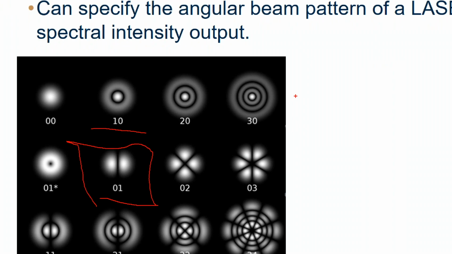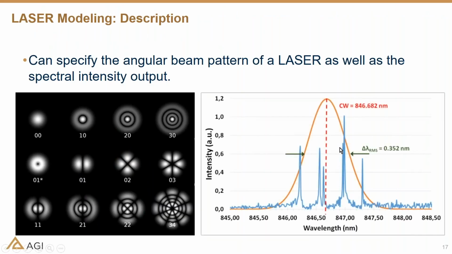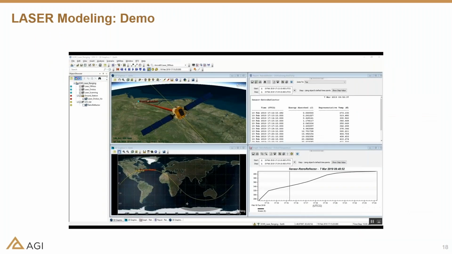You can design the spatial pattern, and you can also design the spectrum as well. And maybe the spectrum starts out simple as some nominal Gaussian, or maybe your optical surfaces involved have some type of transmission loss or characteristic that you'd like to capture as well. So the idea is these files are generic enough so you can do all of that and design exactly how you'd like your laser to look.